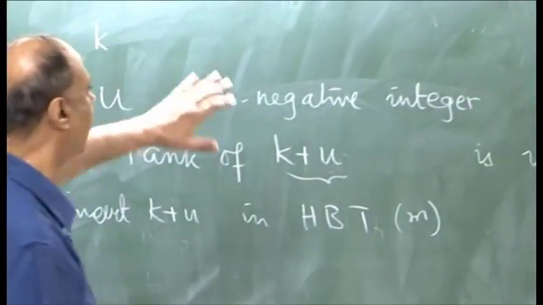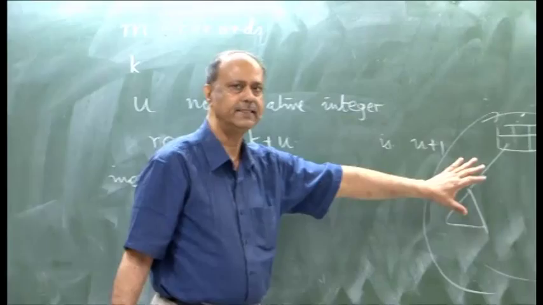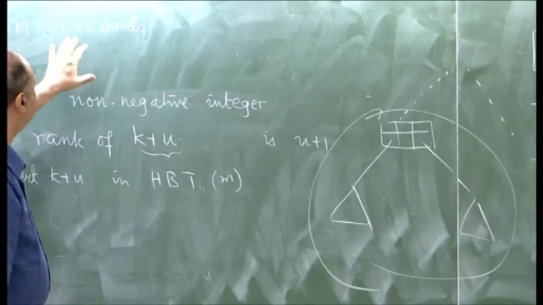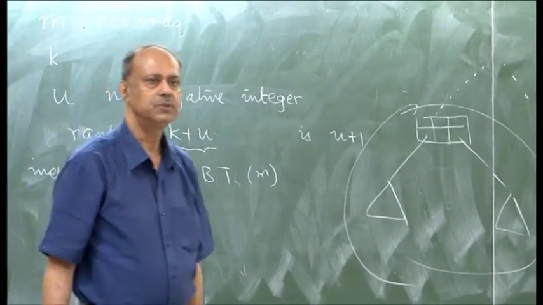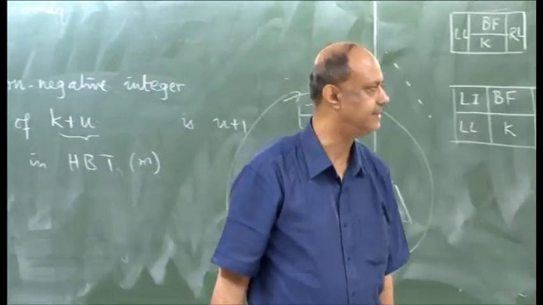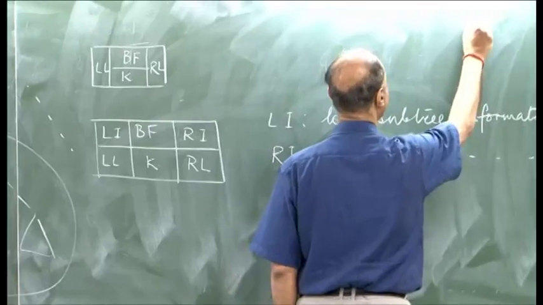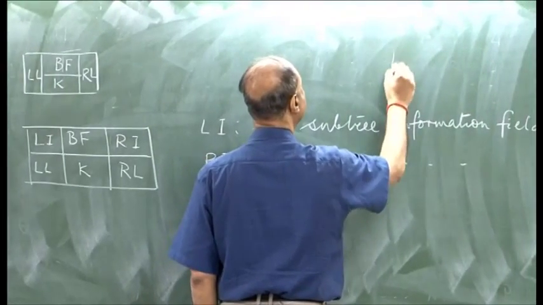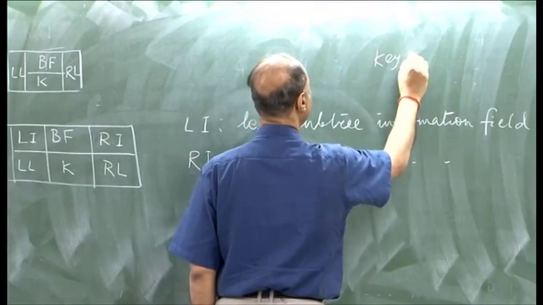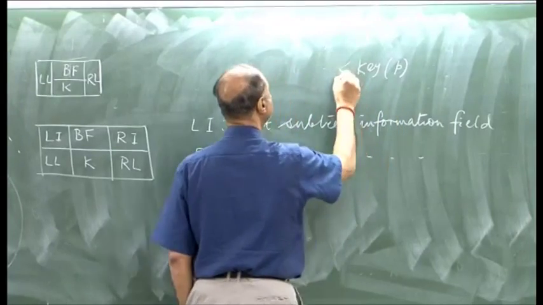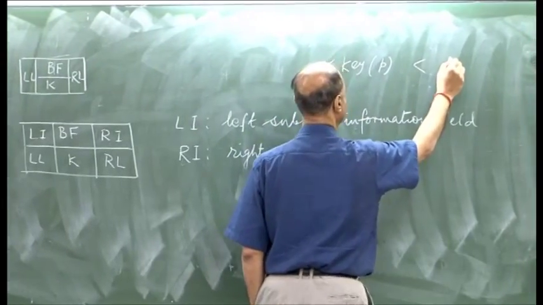Since it is a binary search tree, and these M nodes or M records are distinct in nature, for any node P, the key of P satisfies this property.